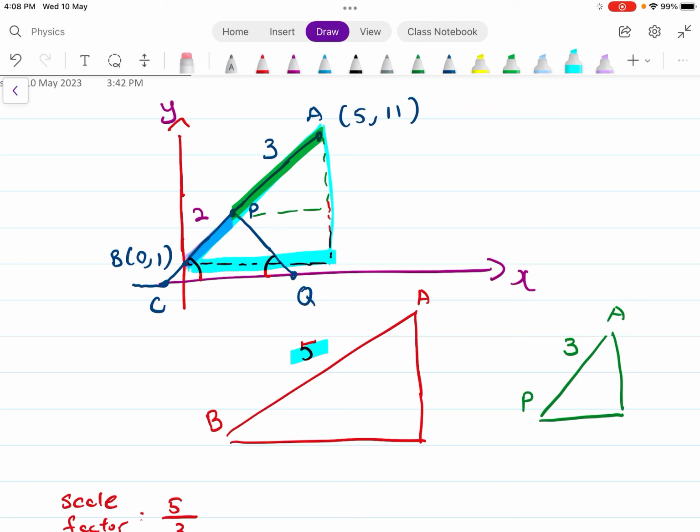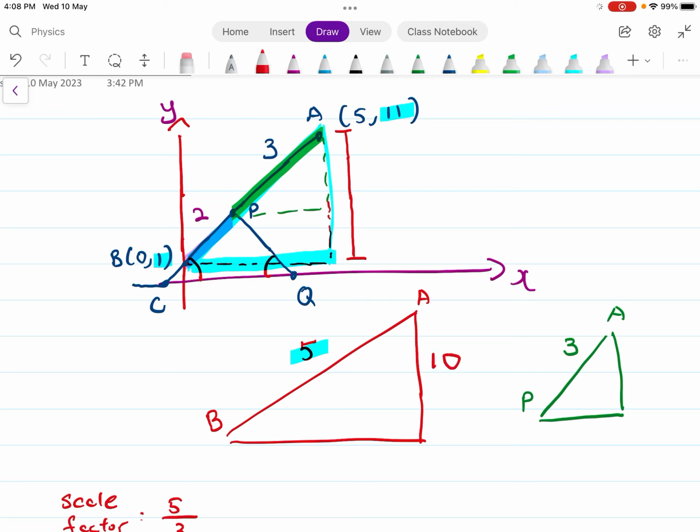First, I want to find the height of this big triangle, from here all the way to here. Because I want the height, I look at the y coordinate. Don't look at the x coordinate yet; later we'll look at it. The y coordinate goes from 11 all the way to 1, so 11 minus 1 is 10.